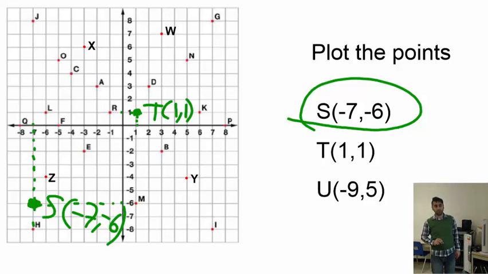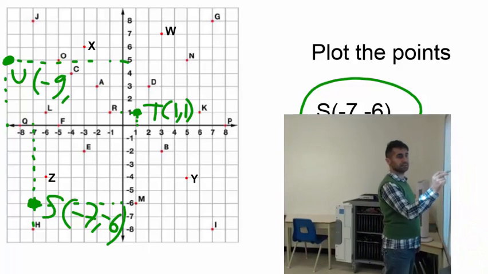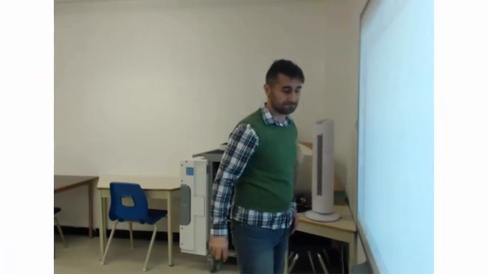Lastly, U, -9, 5. -9 is here, and 5 is here. So that's the point I'm going to insert. U, -9, 5. Done. Let's practice.